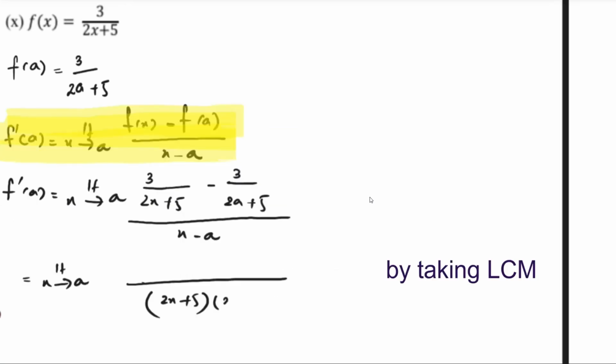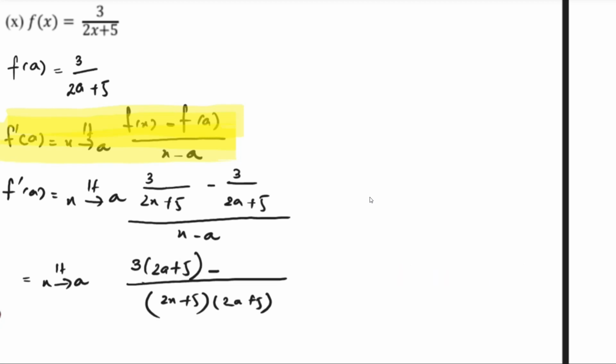It will be 2x plus 5 into 2a plus 5. 2x is cancelled with 2x. The remaining will be 3 into 2a plus 5, minus 2a is cancelled with 2a. 2a plus 5 is cancelled with 2a plus 5, and the remaining will be 3 into 2x plus 5. And the denominator is x minus a as well.